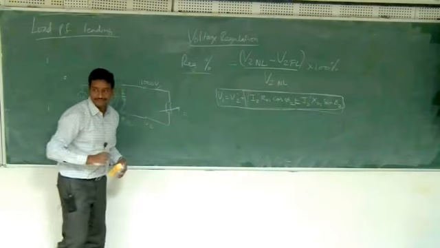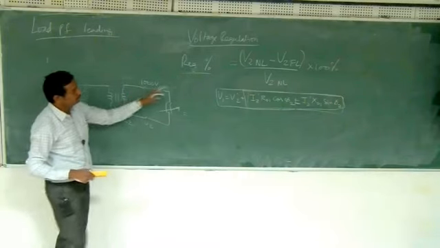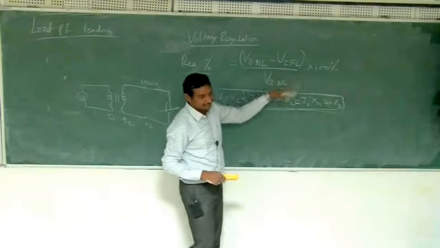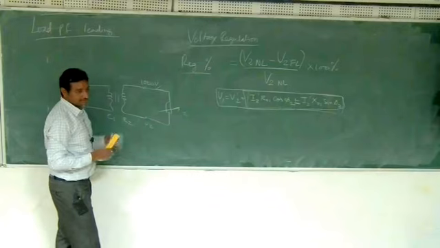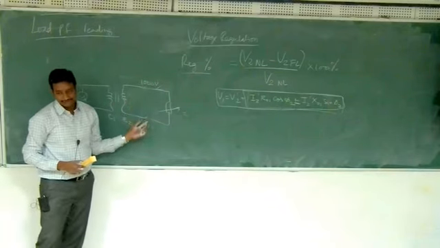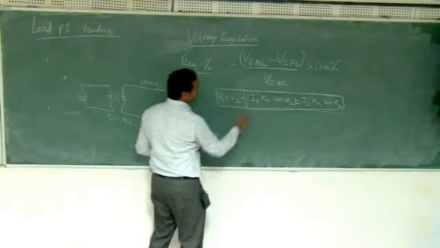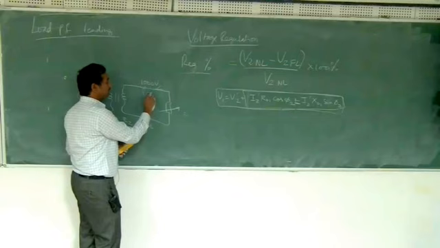We'll finish in 2 minutes. So what will happen to the voltage at full load? Let's say it will drop, right? If I fix this side, this 1000 will keep on reducing. So let's say under full load condition, the voltage is only 900 volts.